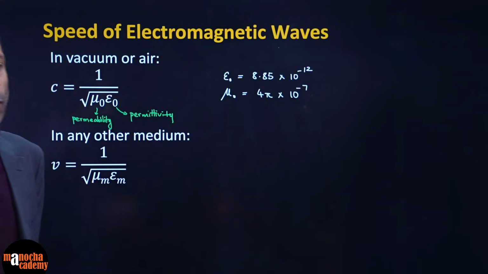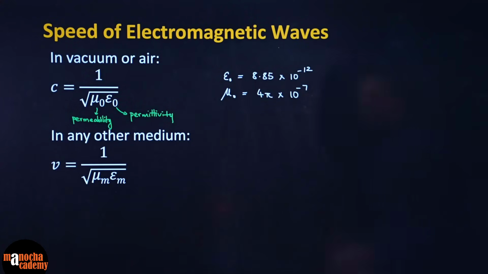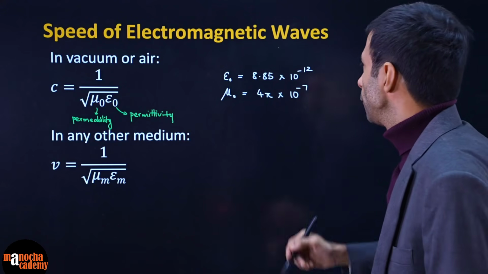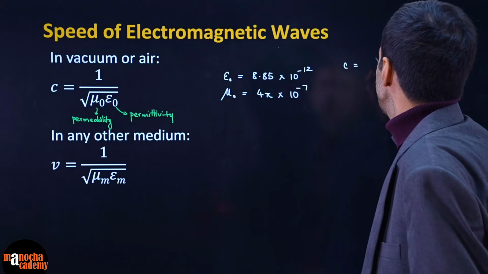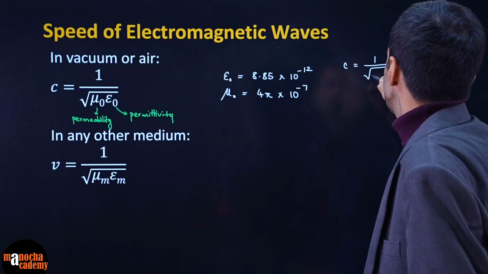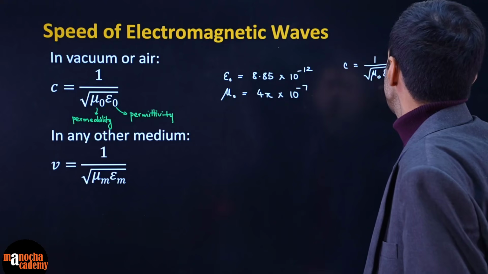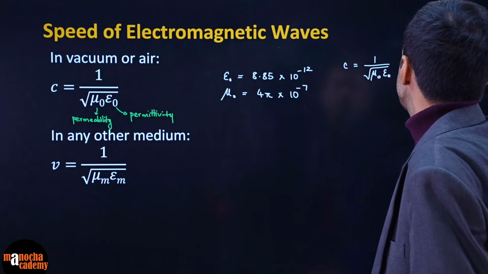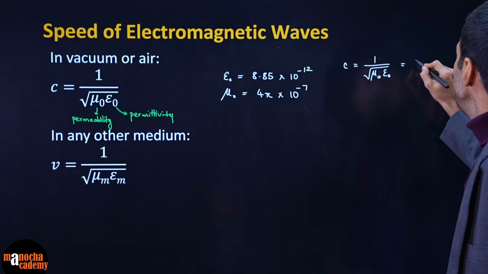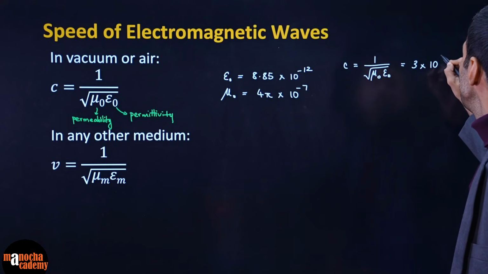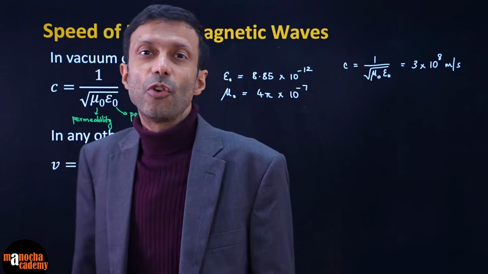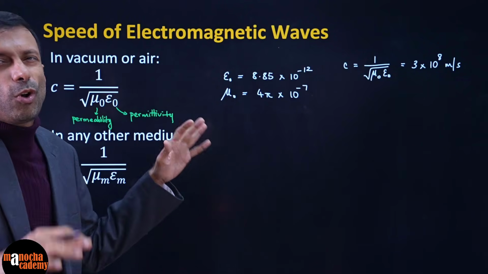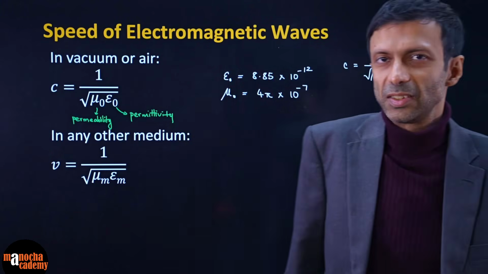So if you plug in the values, what will you get? When you substitute these values in the formula, C equal to 1 by root mu naught epsilon naught, you will get this speed, 3 times 10 to the power 8 meter per second. You will get exactly the value of speed of light in vacuum, or approximately air and vacuum we consider the same.